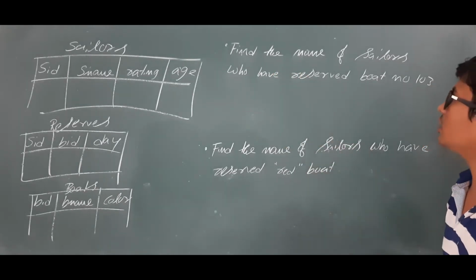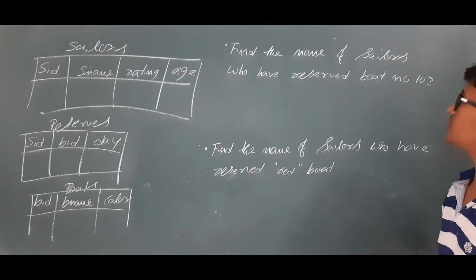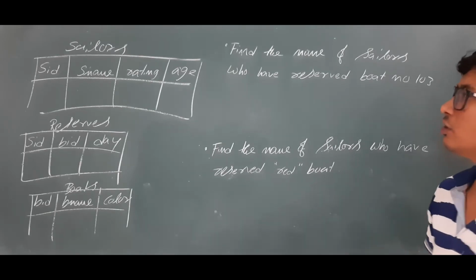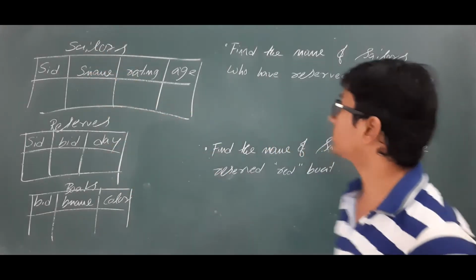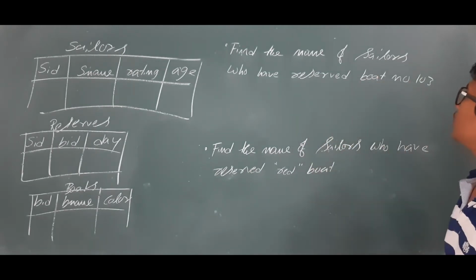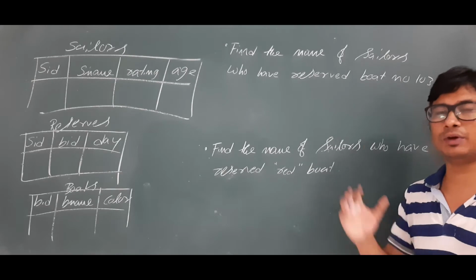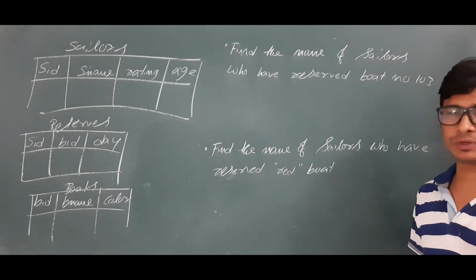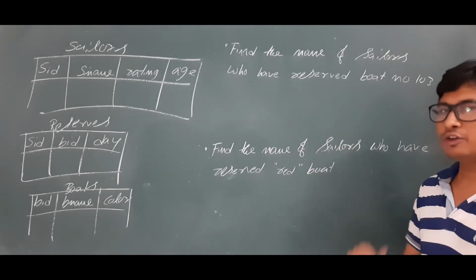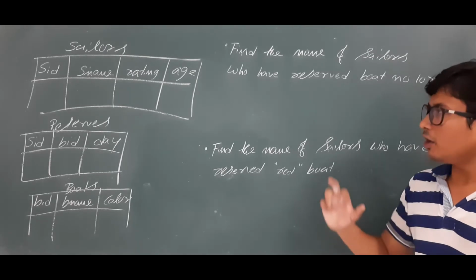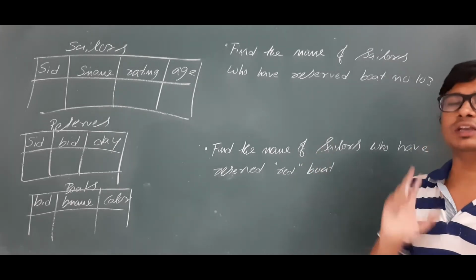Now the first thing they are asking: find the names of sailors who have reserved boat number 103. Whenever you write the relational algebra expression for such queries, you first need to identify how many relations you depend on.